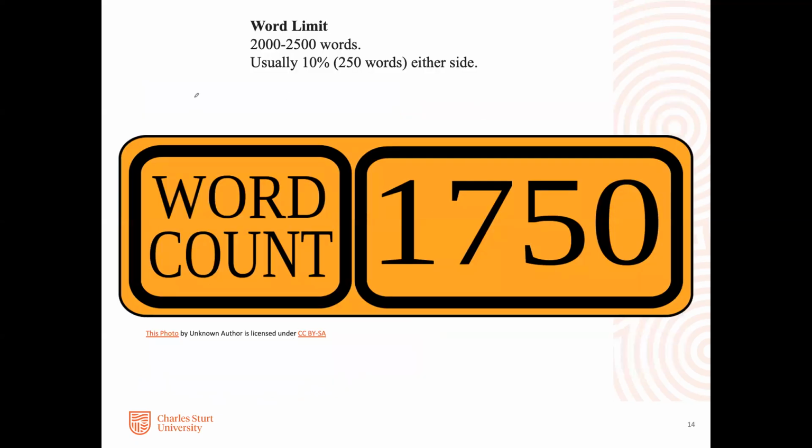Let's get to the word count. The range is 2,000 to 2,500 words. If we go with the top range, usually you have 10% either side, so that's 250 words. If we look at the bottom range of 2,000, we get to 1,750.